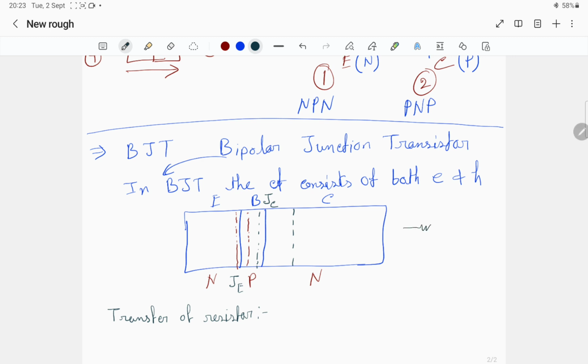If you talk about a resistance like this, if I look from this left side, if it shows 1K, if I look through right side, it will still be 1K. But for BJT, if you look from collector side, the resistance is much higher than emitter or base, right? That's why there is a change in resistor. So there is a transfer of resistor. Resistance is different from different angle. That's why it is called transistor. It transfers the resistor.